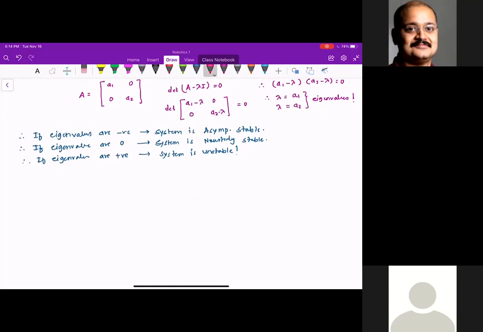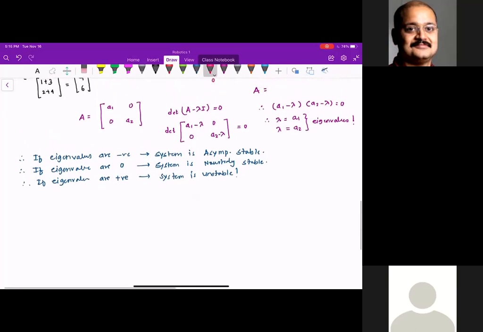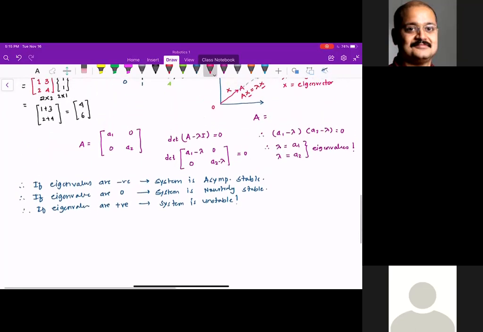So yes. Okay, so you said that if one is positive and one is negative, it's unstable. But what happens if one is negative and one is zero? One is negative and one is 0. So the system is stable, but it's not neutrally stable or asymptotically stable. Basically, one mode is neutrally stable.